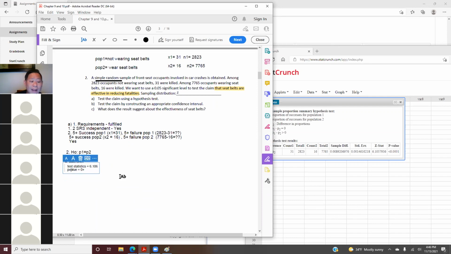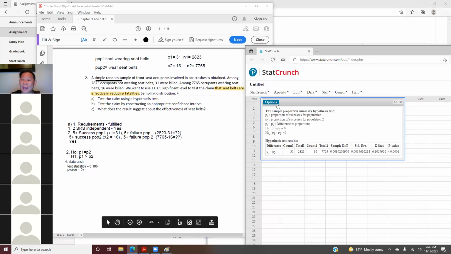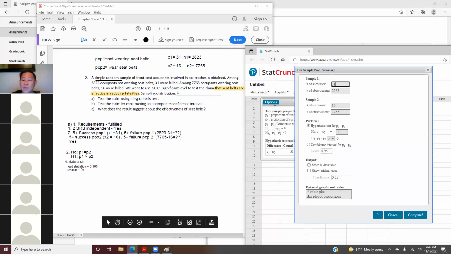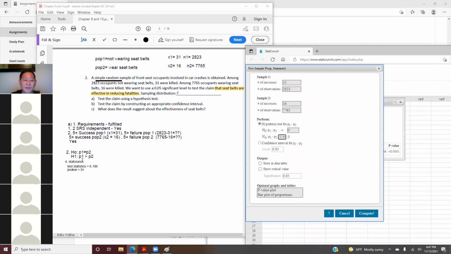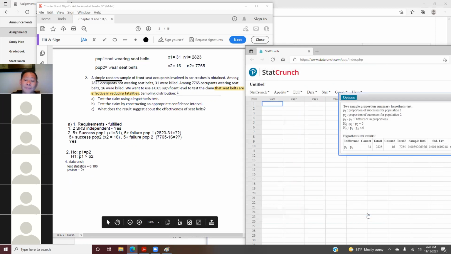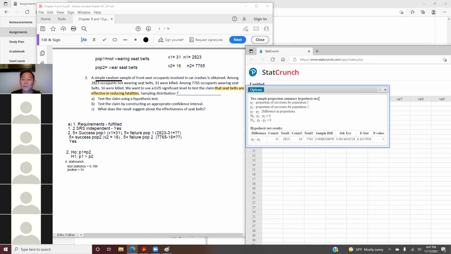Now do not forget, class, that if you use the wrong statement, for example if you change it to less than, this is the test statistic and p-value when I use greater than. What happens if I use less than? What do you notice?